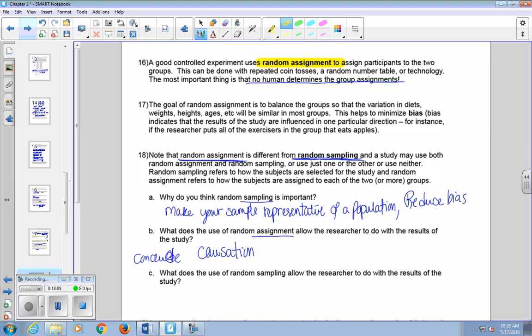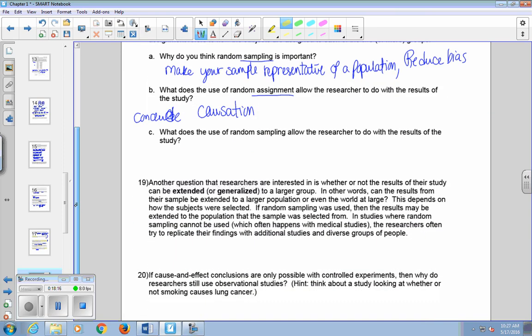What does the use of random sampling allow the researcher to do with the results? So again, now we're looking at sampling, random sampling. This allows us to generalize our results to a population.